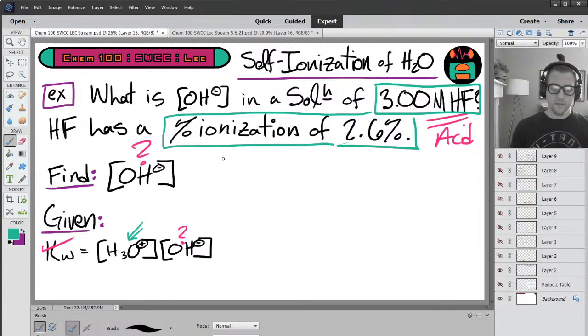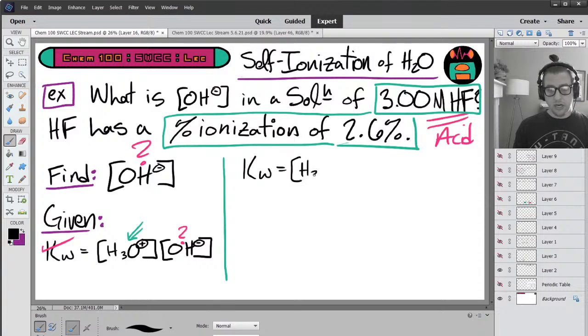So Kw is equal to the molarity of hydronium times the molarity of hydroxide.